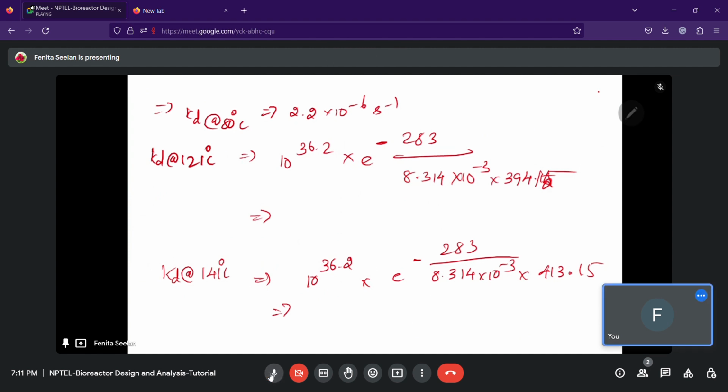The answer for this is around 0.0497 per second. And what would be the answer for the next temperature? This answer is around 2.62.